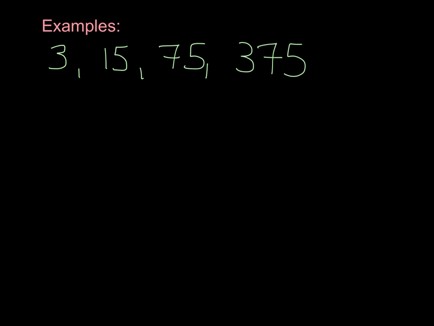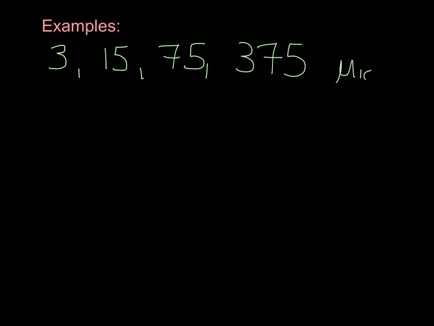So one clear example of this would be if we had 3, 15, 75, 375. And the question tells us to find U10.